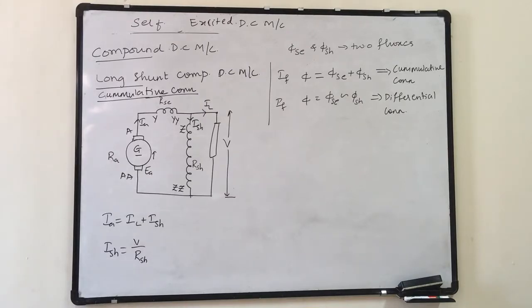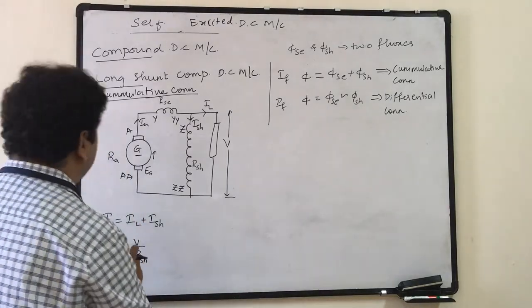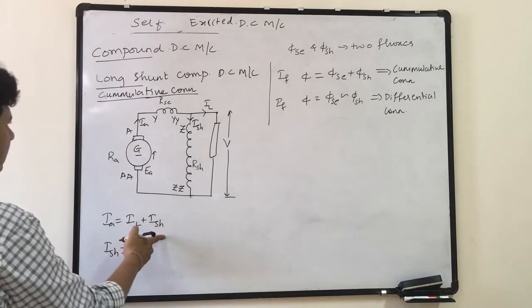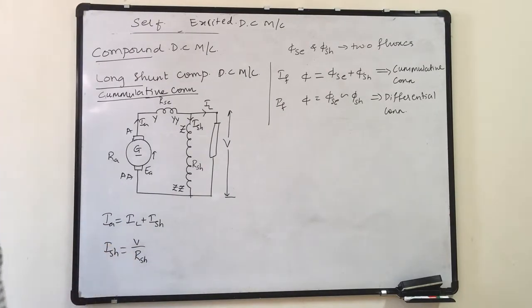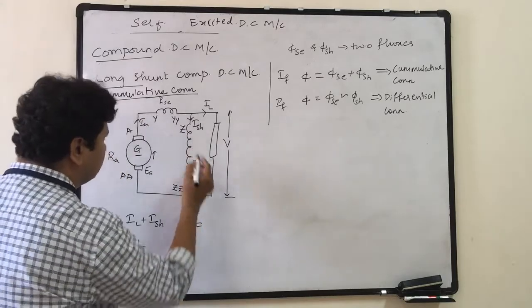Now, IA is equal to IL plus ISH, and ISH is equal to V divided by RSH. Now, what is EA equal to? What is the voltage here?